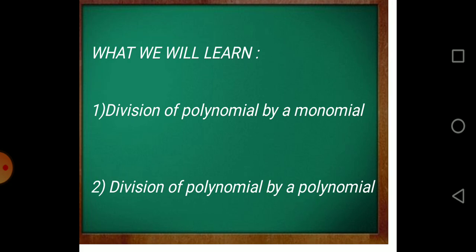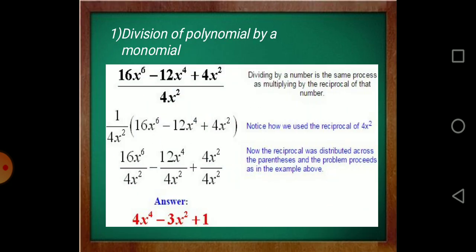In division of polynomials, what we are going to learn is division of a polynomial by a monomial and division of a polynomial by a polynomial. First, let us see an example regarding division of a polynomial by a monomial.